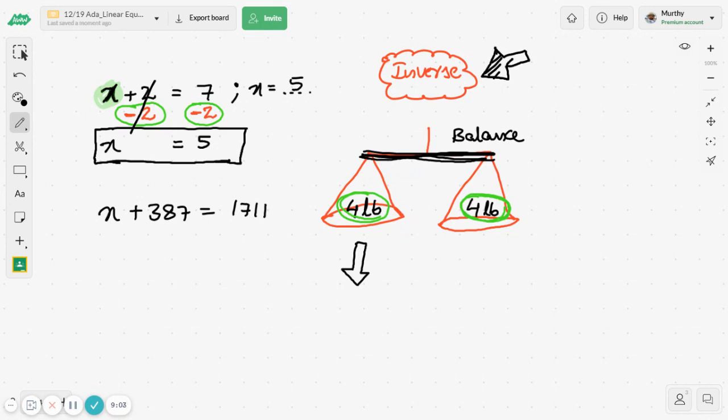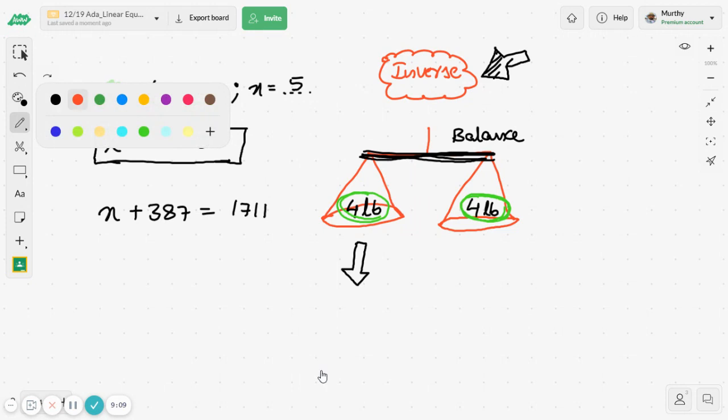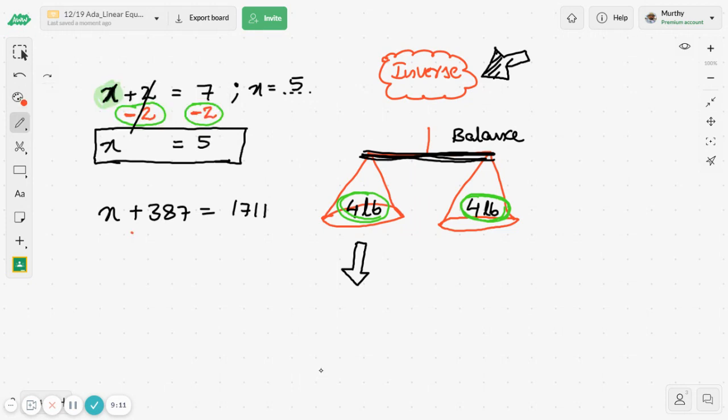Now, if you take large numbers, exactly in the same way we follow the method. The inverse operation is subtraction, and we take the same number on the variable side. So it is take away 387, and at this point you may compute: positive 387, negative 387.